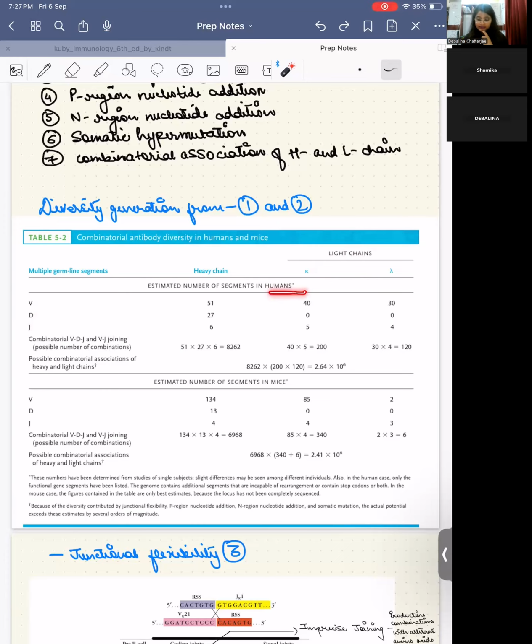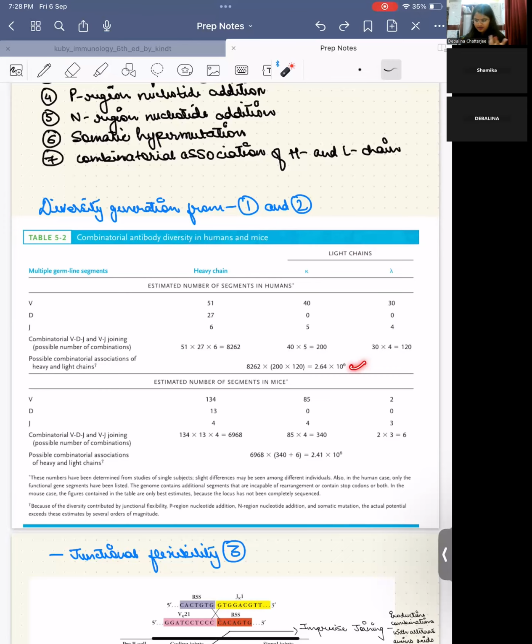So for humans, this is the number that is known to us for all the different chains. So this is how ultimately we can have these many types of antibodies formed by combinatorial joining of V, D, and J segments, and these are the numbers that have been mentioned here for mouse.